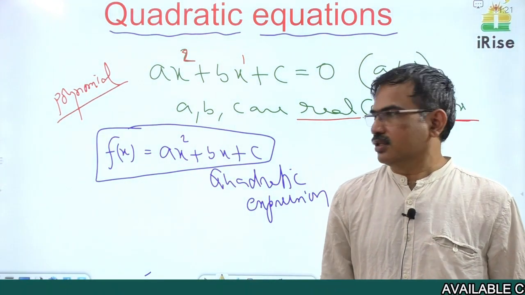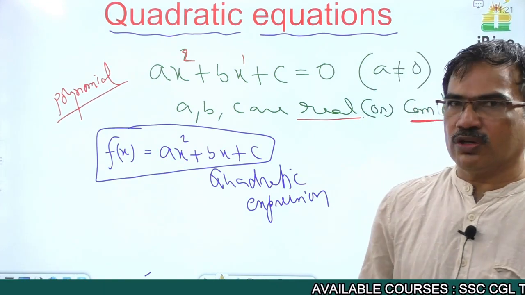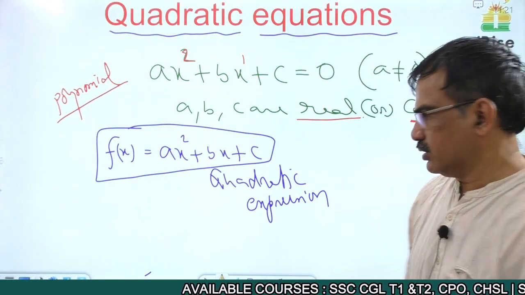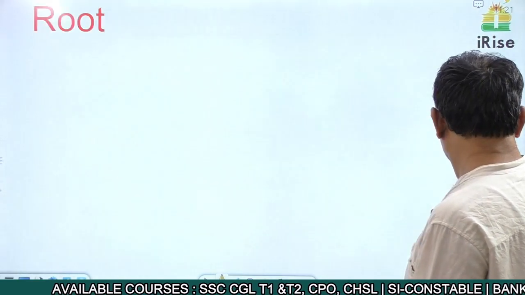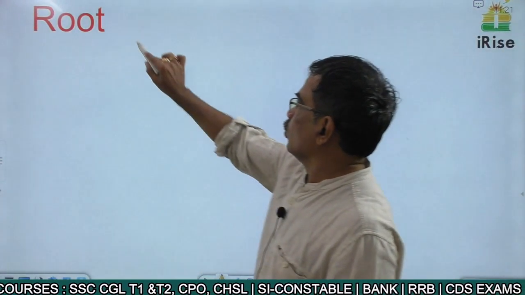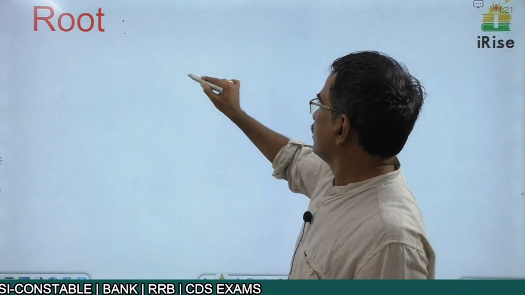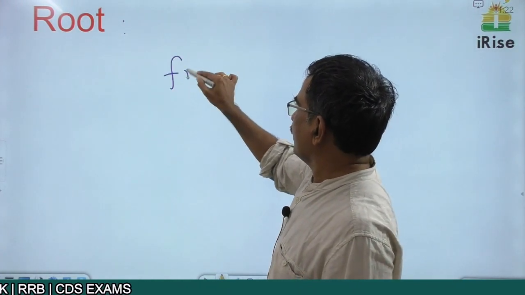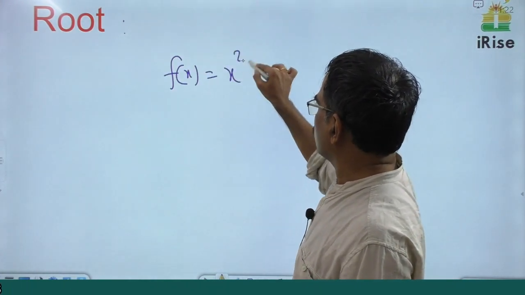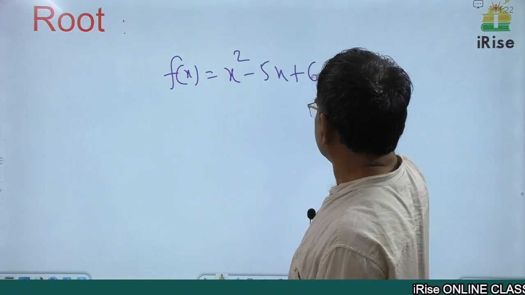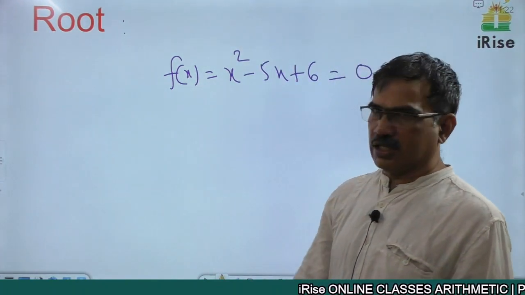Okay, next, what about the roots of a quadratic equation? What is a root? Here, if f of x is equal to x square minus 5x plus 6 is equal to 0, this is a quadratic equation.